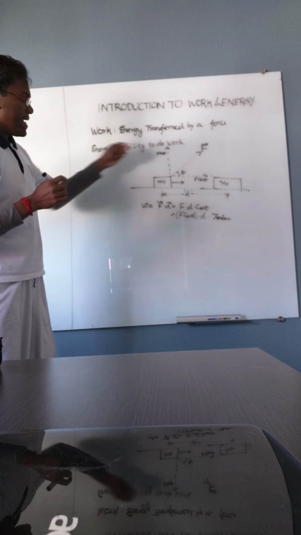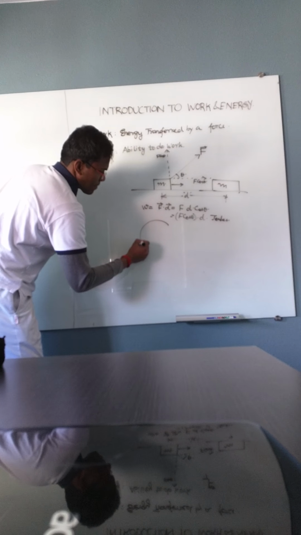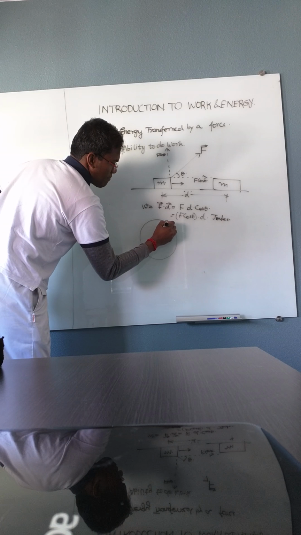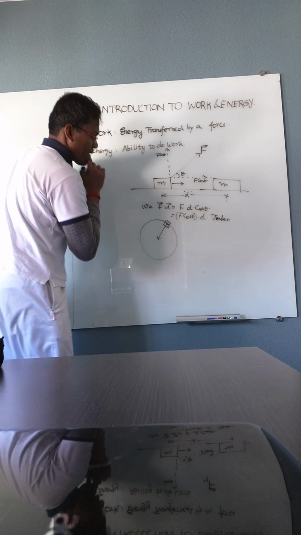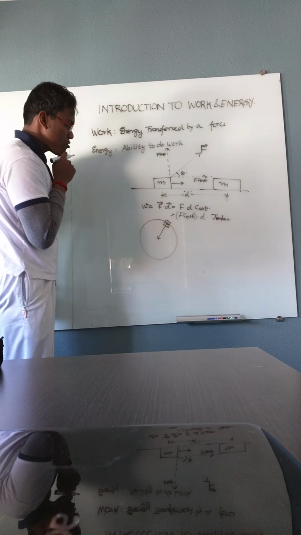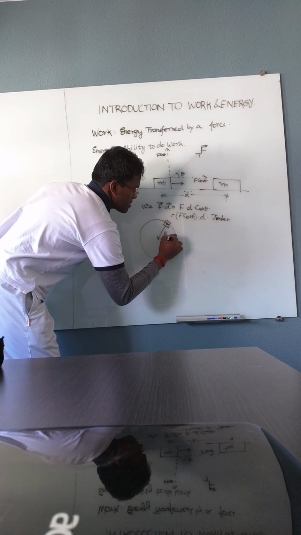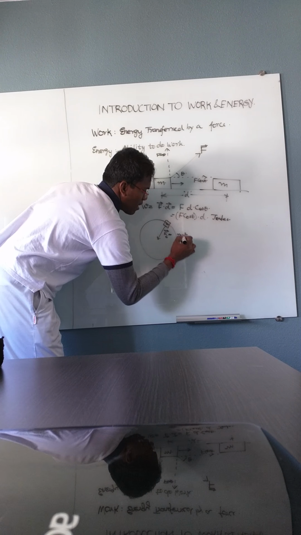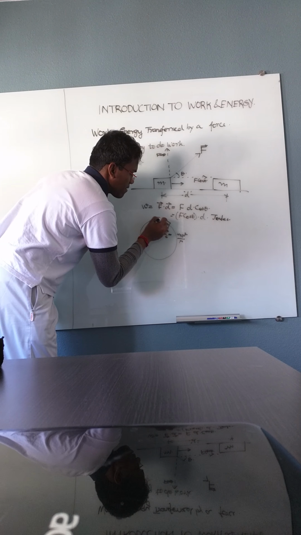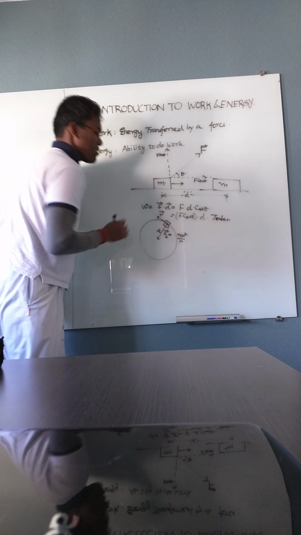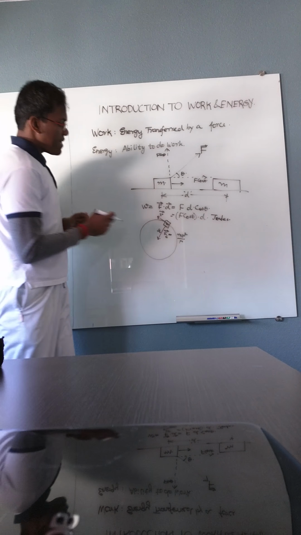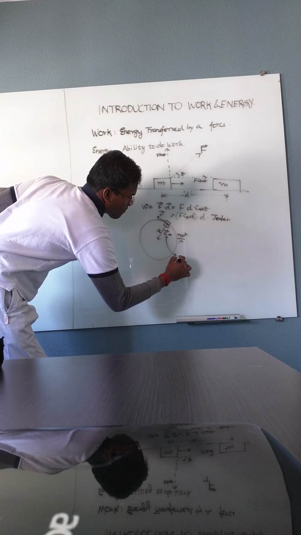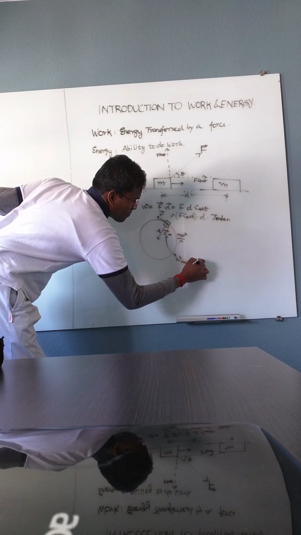Extending this idea, now if we have an object in circular motion, so we have a mass m in circular motion, there is a force called the centripetal force, which is nothing but mv square upon r. Here r is the radius, and velocity is along the direction of the tangent. In this case, if you look carefully, the work done by the centripetal force would be 0.